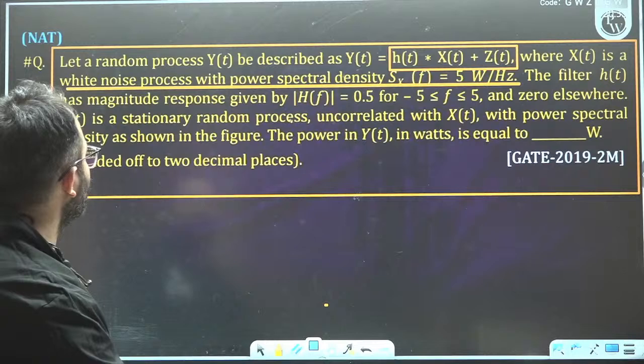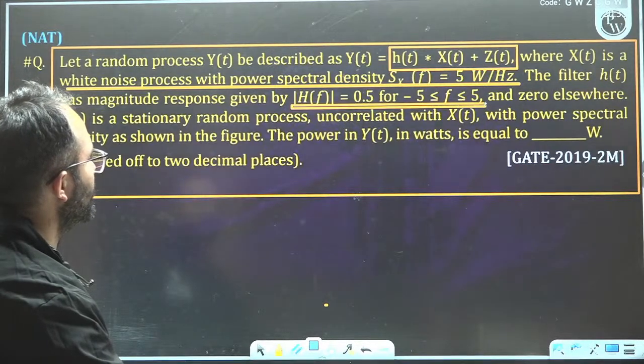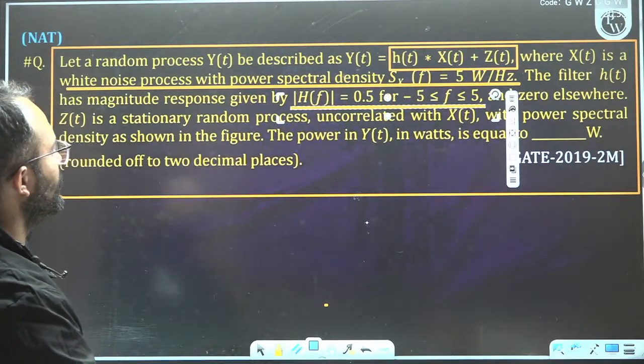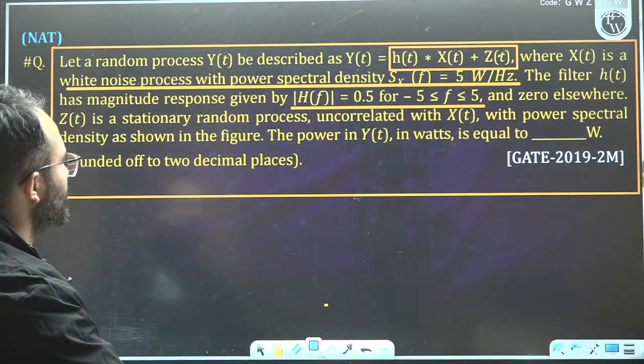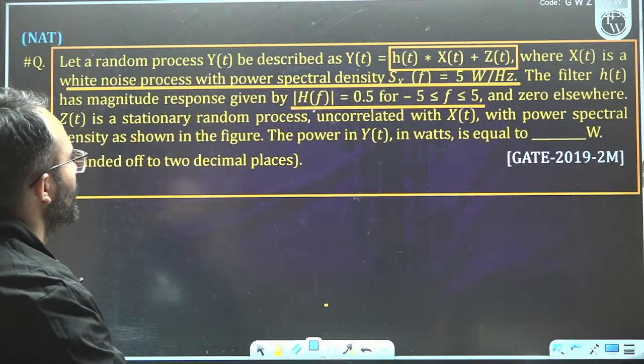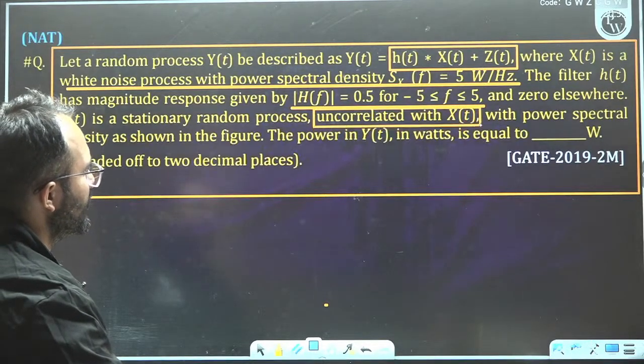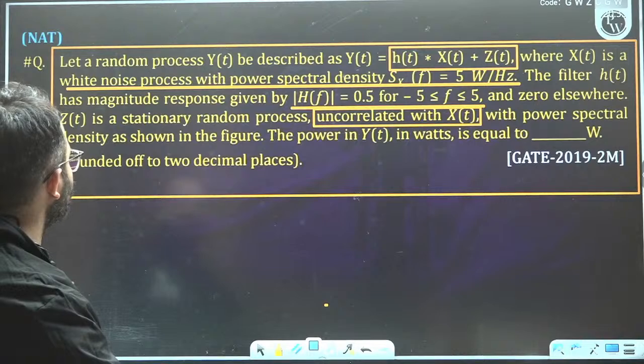The h(t) is a low pass filter, H(f) is 0.5 from minus 5 to 5 Hz, 0 elsewhere. z(t) is another stationary random process which is uncorrelated with x(t), with power spectral density as shown below.